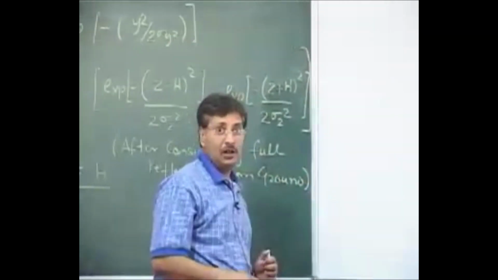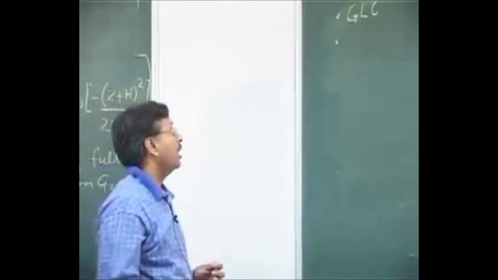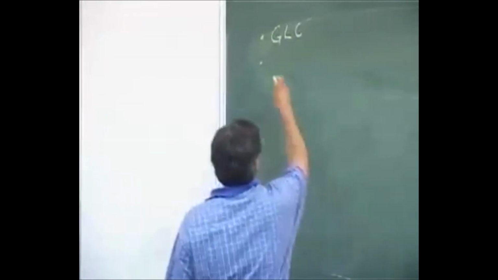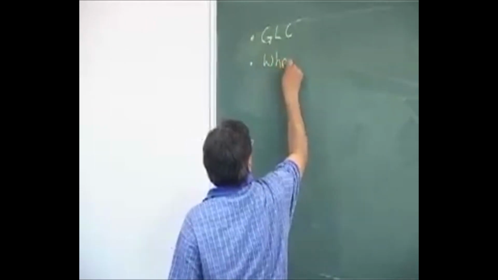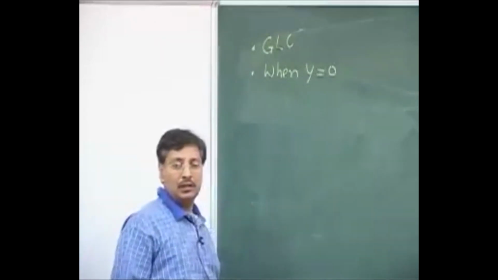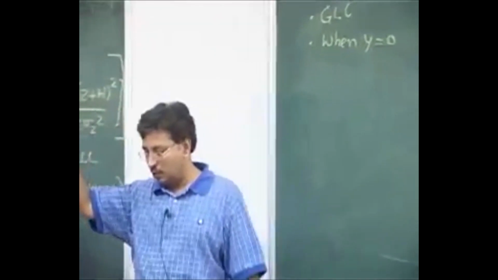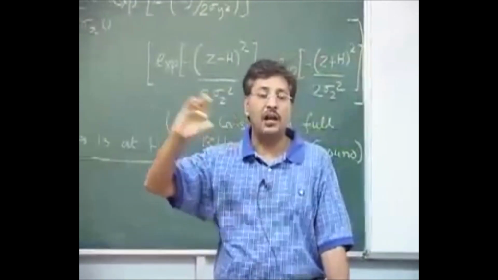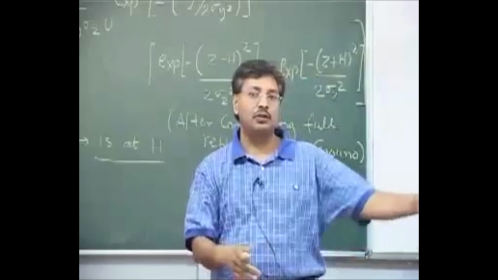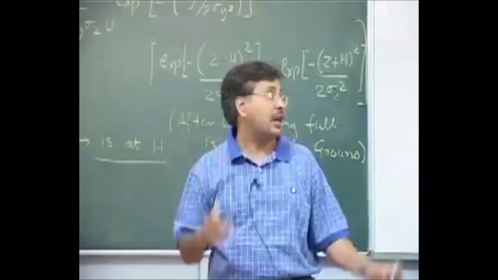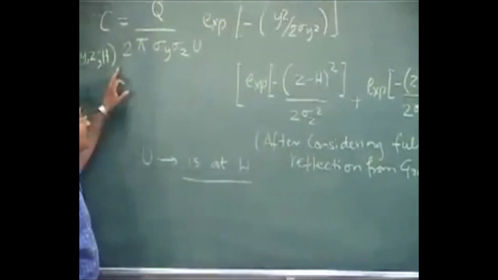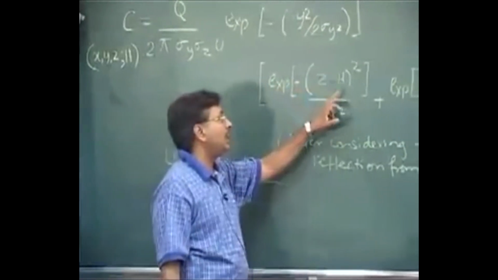So many times we are interested in the ground level concentration, when y equals 0. That is our interest. Suppose the plume was passing over IIT Kanpur from Panki power station. Then I want to say, what is the concentration for the people sitting at IIT Kanpur, taking y equals 0.